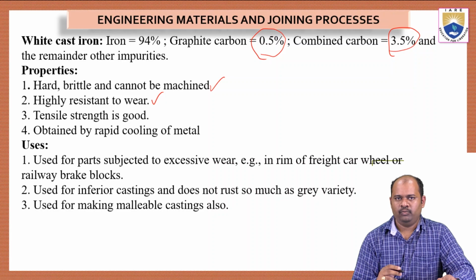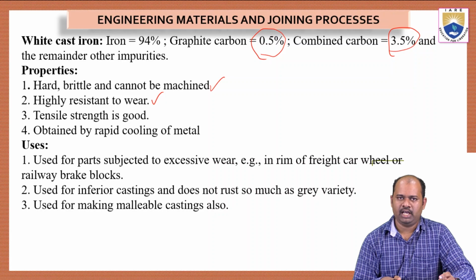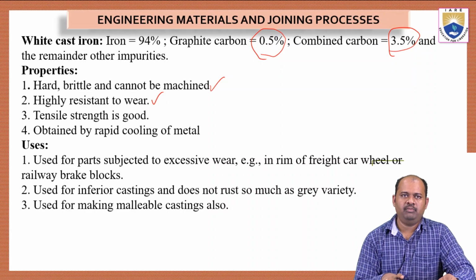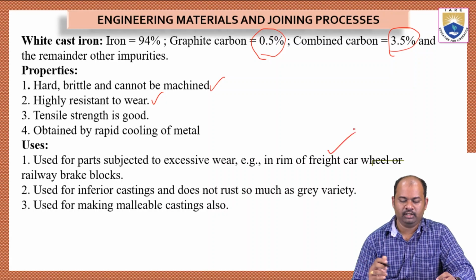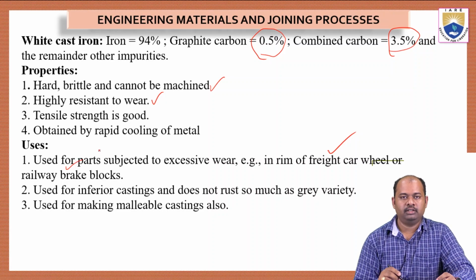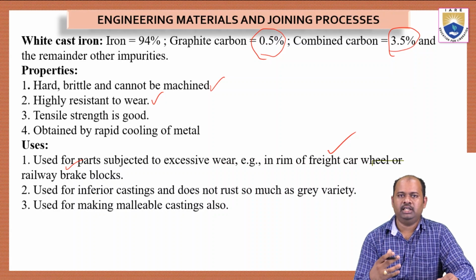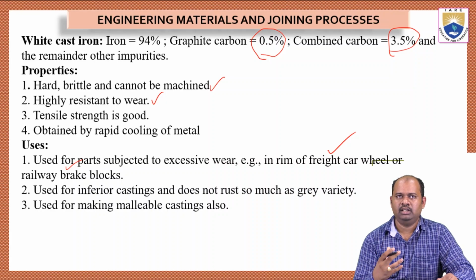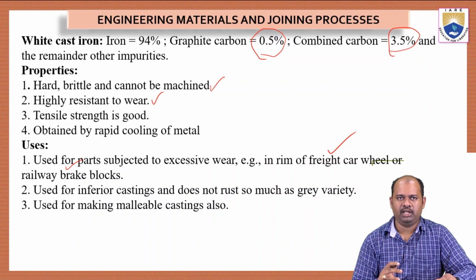It is obtained by rapid cooling of metal. We know this technique: when iron is heated to its recrystallization temperature and cooled rapidly, we get this form of cast iron, which shows great brittleness. This very brittle material can be used for the production of freight car wheels, railway brake blocks, etc. Whenever we want to use white cast iron in any engineering application, because of its brittleness, it has to be made in a shape that is very bulky or very large in shape and diameter.